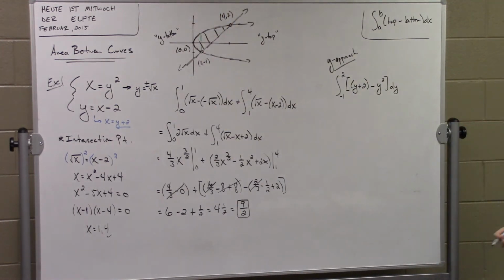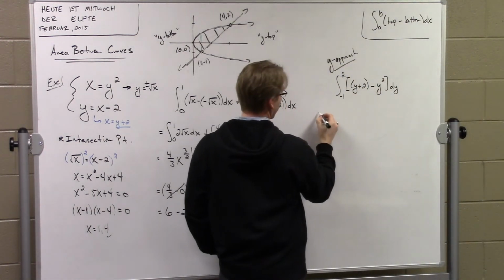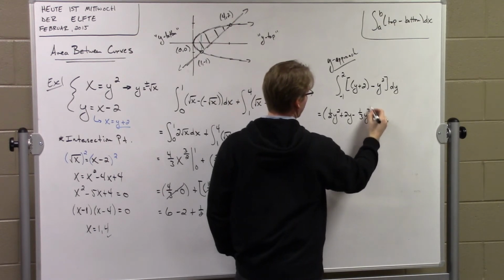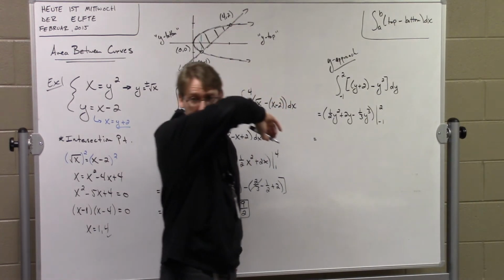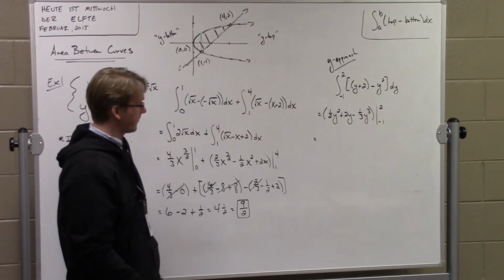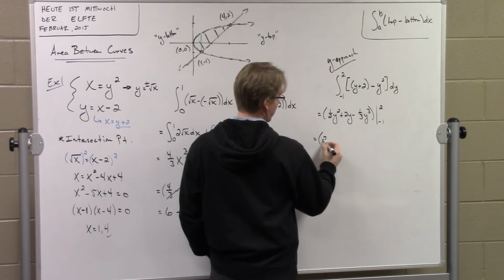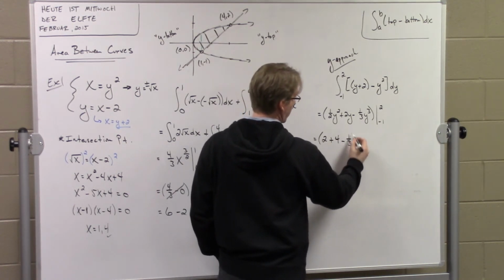Okay, let's do the math. Don't really need to doctor that any, it's pretty good. 1/2 y squared plus 2y minus 1/3 y cubed from -1 to 2. Okay, if we stick in 2, we have 2 plus 4 minus 1/3.